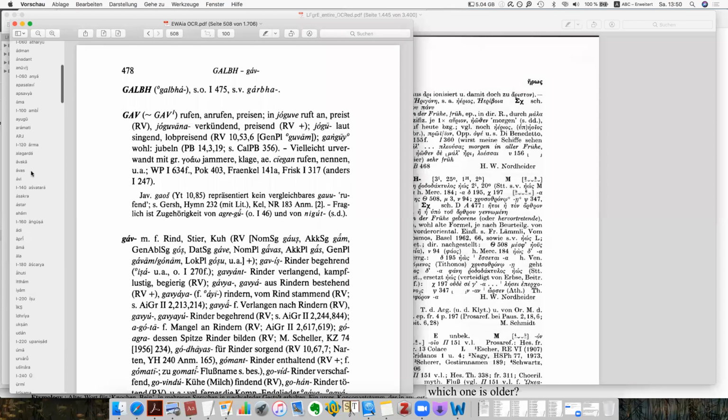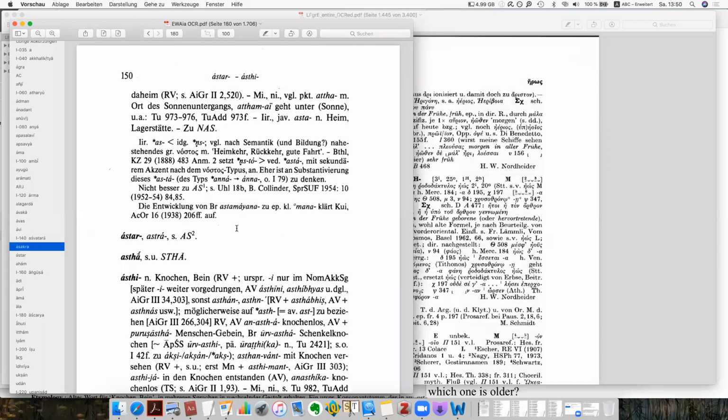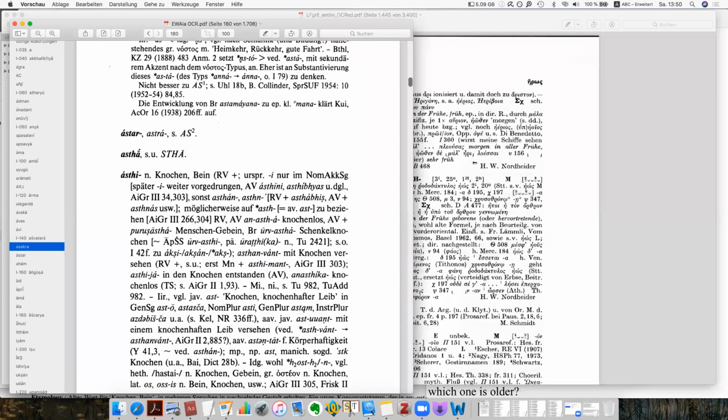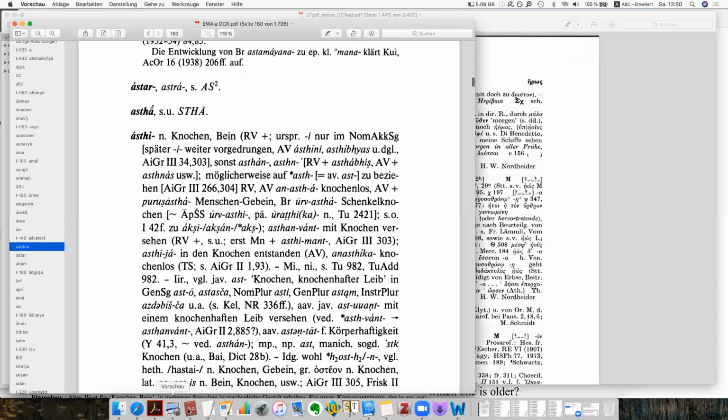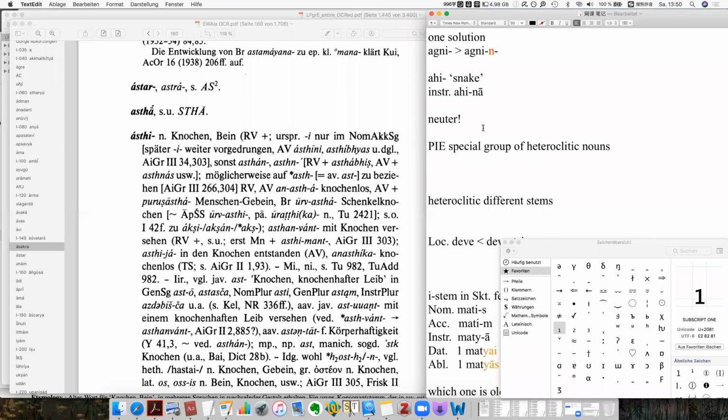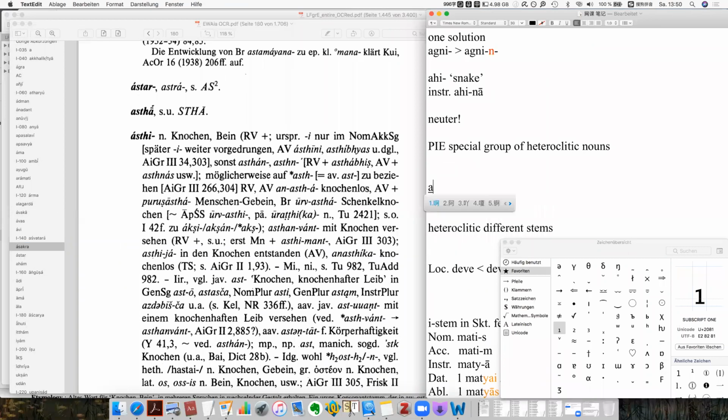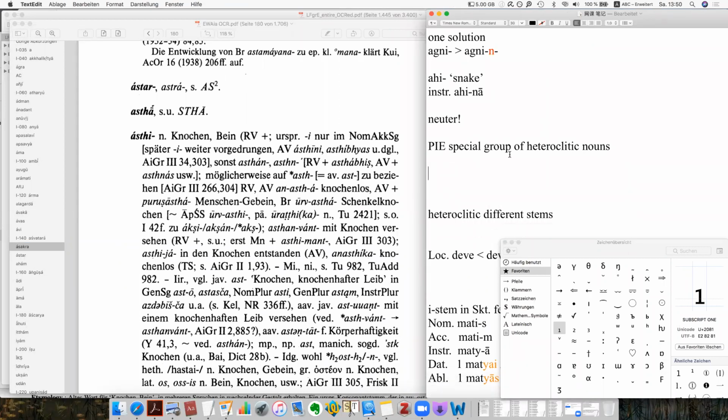And there's another class. Let's check it in Sanskrit. In Sanskrit, we have this word, asti. So we have a special group of heteroclitic nouns, the so-called R heteroclitic.